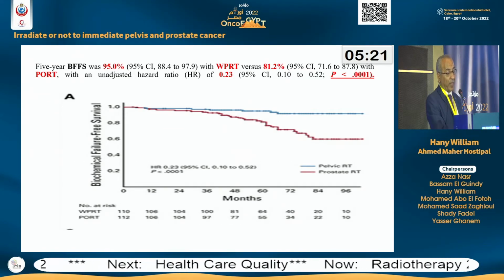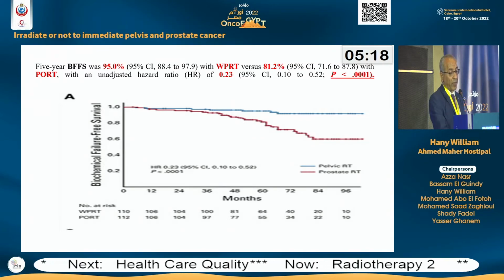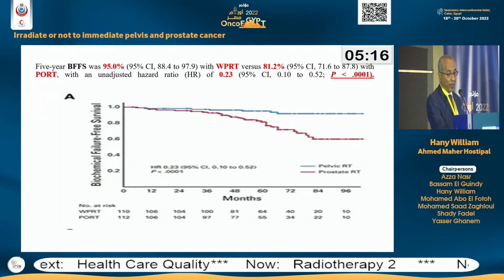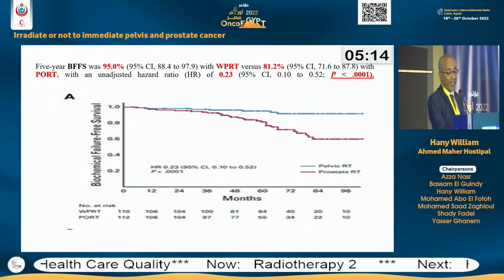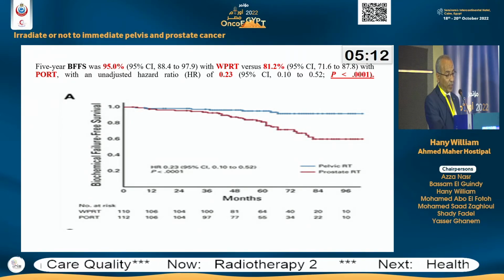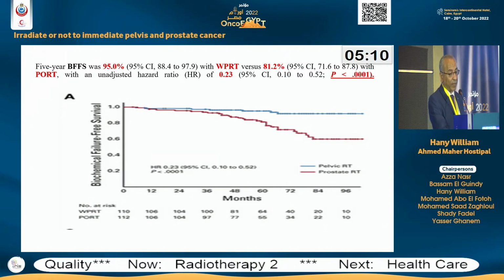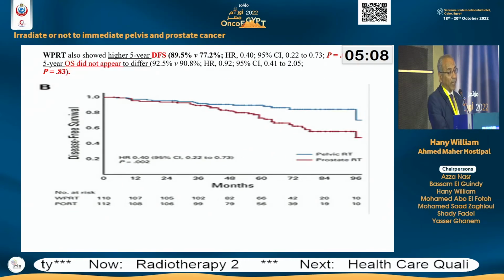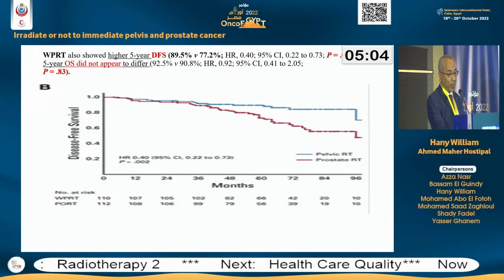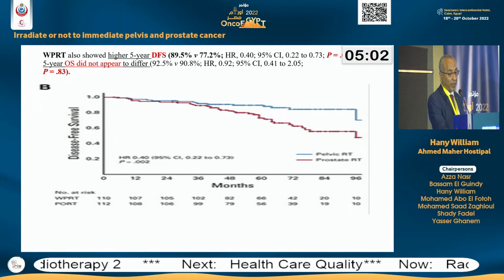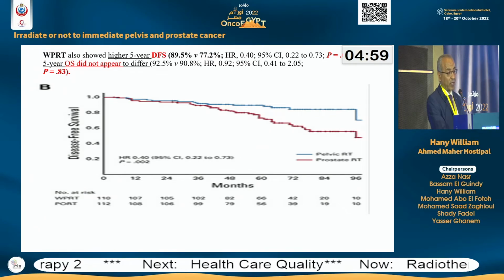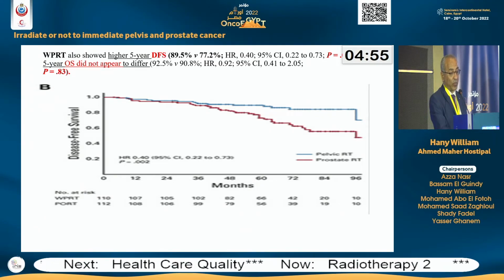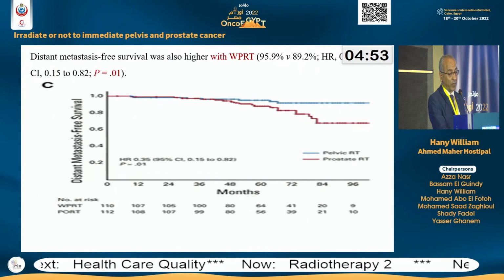The biochemical failure-free survival was 95% in the whole pelvic group versus 81% for prostate only, with a significant p-value of 0.001. Disease-free survival also improved in the whole pelvis group, about 90% versus 77%, with a significant p-value, but overall survival did not appear to differ, with p-value 0.83.